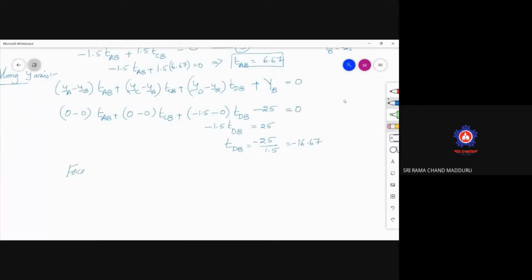So the force in TAB is the tension coefficient multiplied with the length of the member, which is 6.67 into 1.5, that is plus 10 kilonewtons, which is tension. TDB is TDB into LDB, minus 16.67 into 1.5, so that is minus 25 kilonewtons, which is compression.